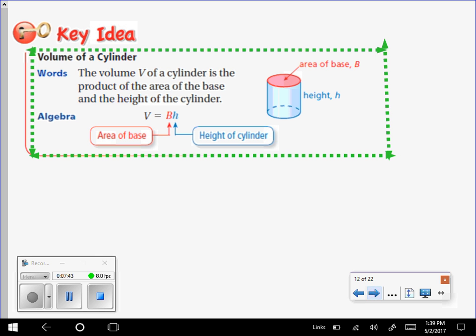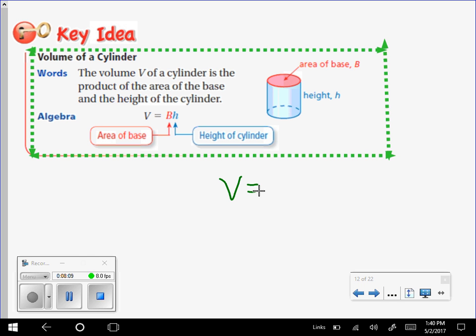Here is the volume formula for a cylinder. Now, you may be thinking, well, this is the same as the area formula for a parallelogram, okay? False, because this is a little different. Now remember, volume is using three dimensions: height, length, and width.